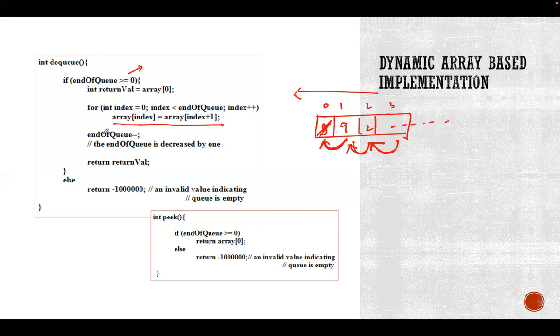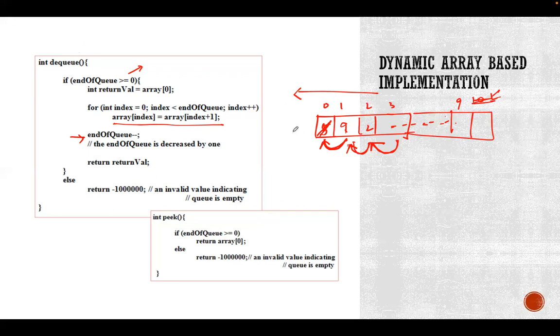And end of queue, we also have to modify the value of end of queue. Let's say this was our end of queue. Now index 9 will be our end of queue, right? So we have to decrement the value by 1. So that's our DQ.